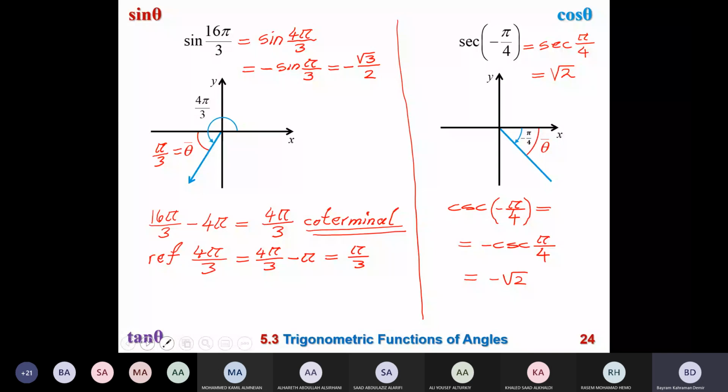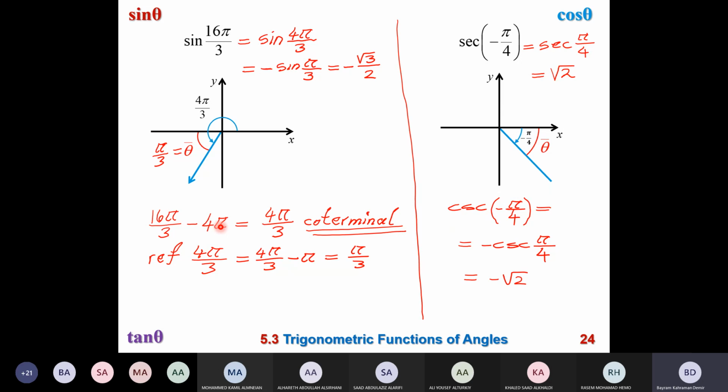All right, let's see the calculations. Now, we like to calculate sine of 16 pi over 3. Well, 16 pi over 3 is greater than one rotation, right? It is a big angle. So I like to find the coterminal first.